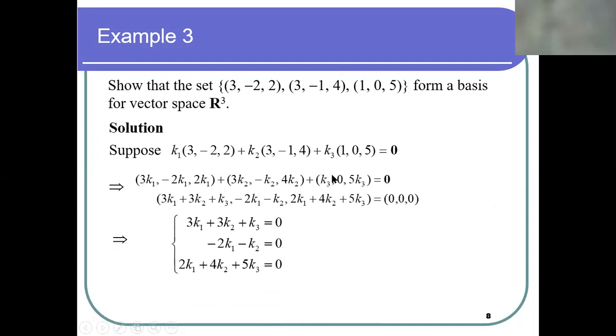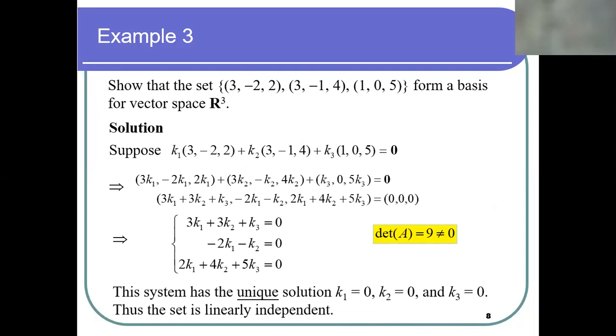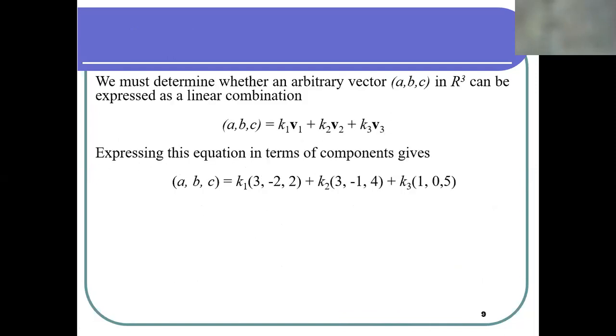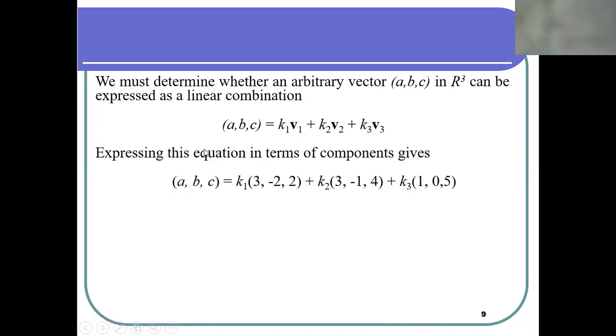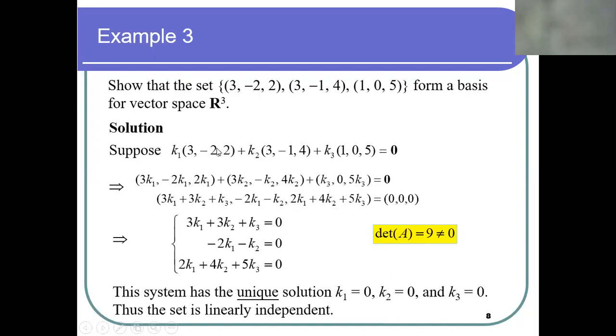So dear student, let me give you another example. How to check whether this subset forms a basis for the vector space R3 or not. Let me write this in terms of the linear relation of ki's with the vi's given over here.